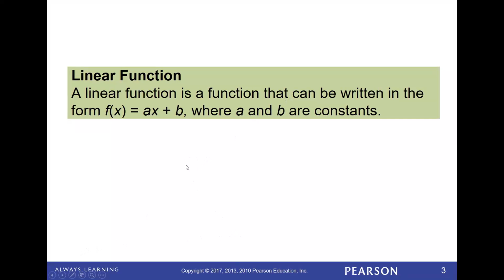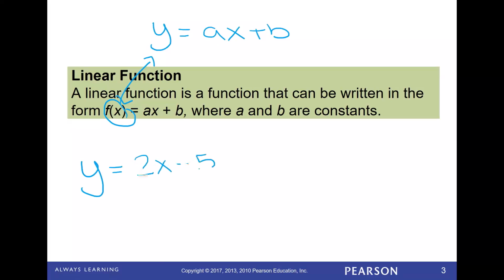You may be a little bit more familiar with this in the way that you may have seen it with y equals ax plus b. Just remember that when we talk about f of x here, f of x and y are actually the same thing. Now, when I look at this, it could be written as, say, 2x minus 5.